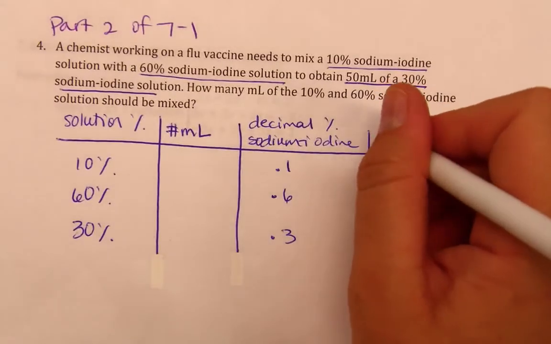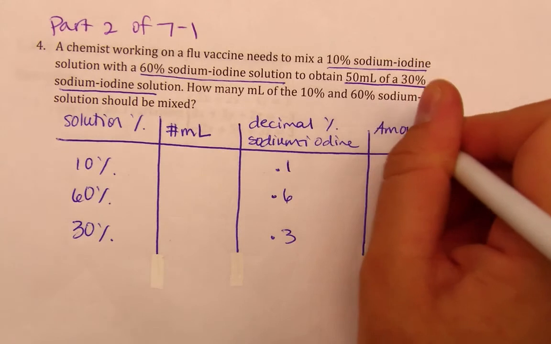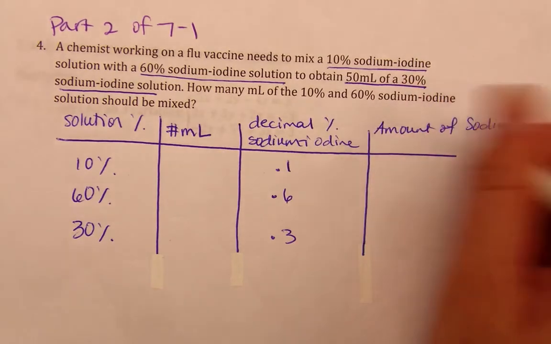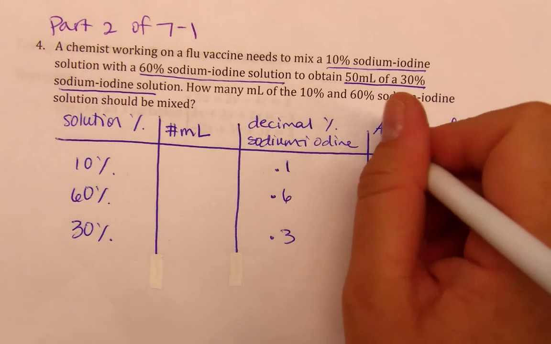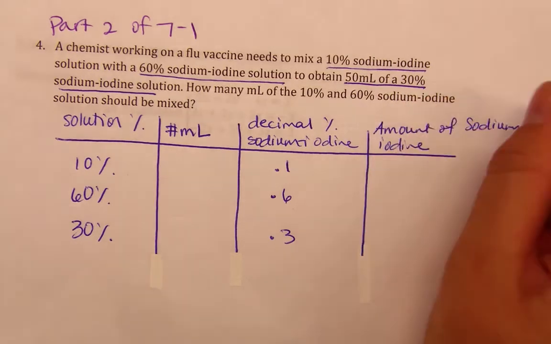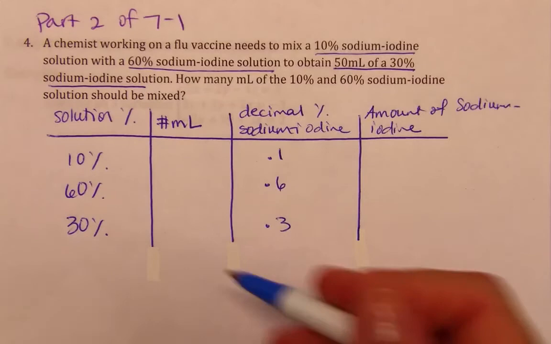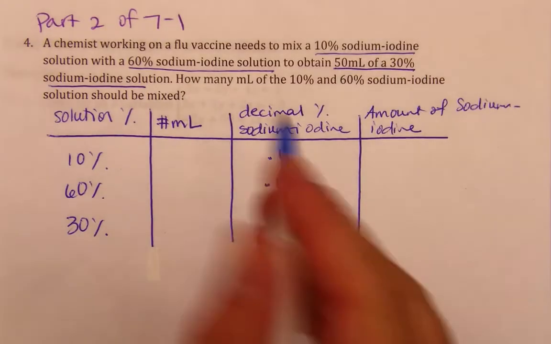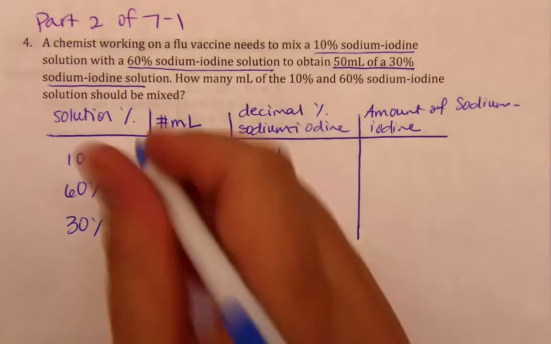And then the total amount of each type, the amount of sodium iodine that we actually have. So the percentage times the actual amount of milliliters. Now, we're trying to find out how much of the 10 and how much of the 60.